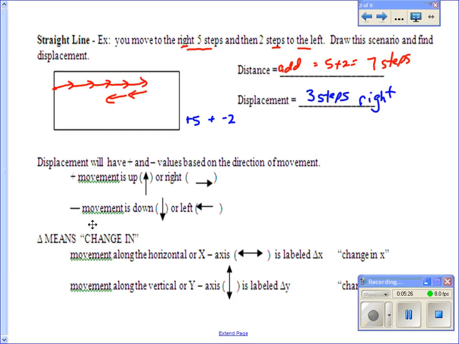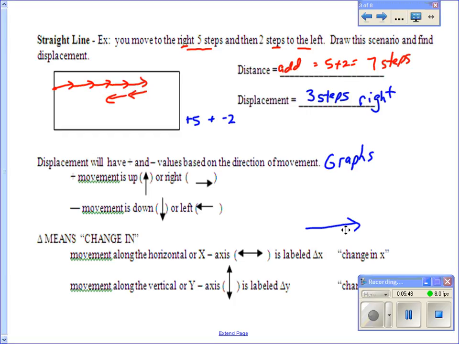And then down here in your notes, we've got the displacement will have a positive and negative based on the direction of the movement. If you're moving up or moving right, so this is similar to graphs. And then negative is down or left. The triangle means change in, and as we progress in this, we'll see a triangle for the x-axis.